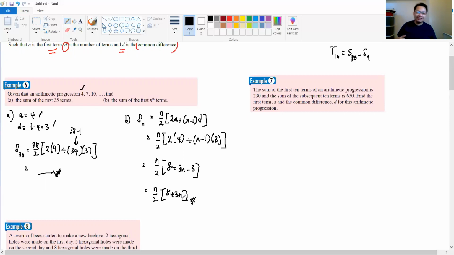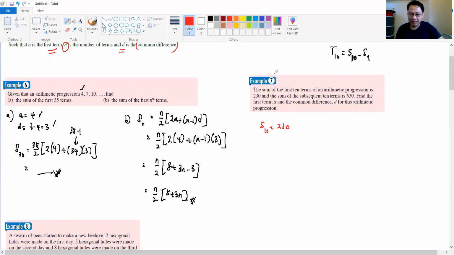Very straightforward. Now look at example 7. Let me use a different pen here. All right, example 7. The sum of the first 10 terms, that means S10, of an arithmetic progression is equal to 230. This is the information.